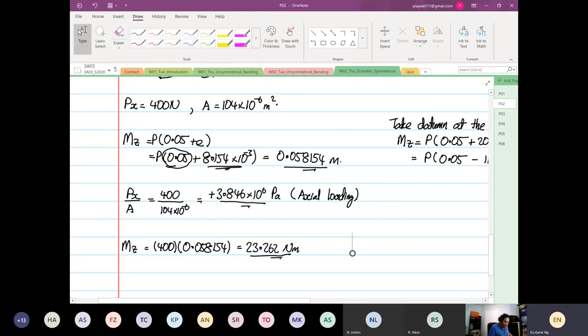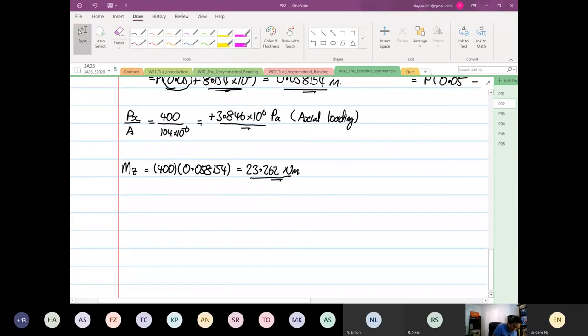Right. So now we can directly calculate stress X at point A. The first term, Px over A, we know this is going to be positive 3.846 times 10 to the power 6. My over I, so the moment is 23.262.